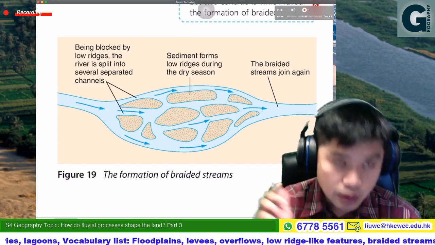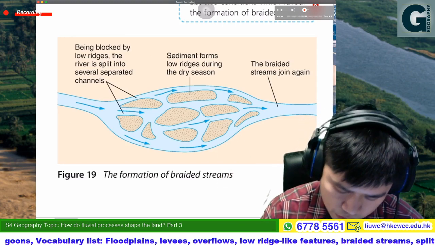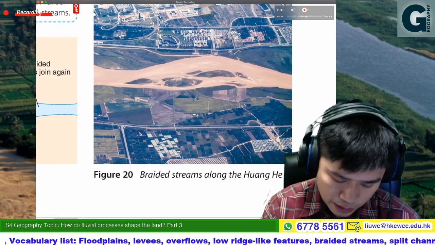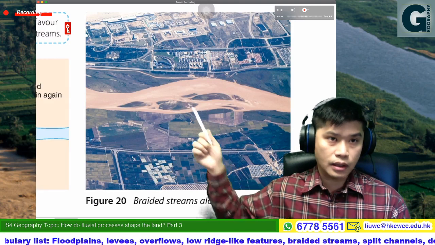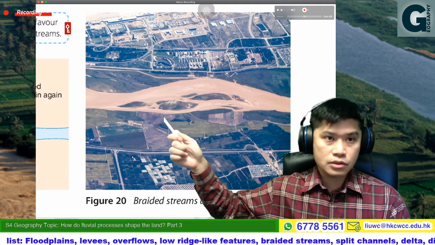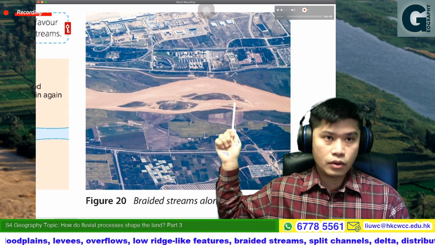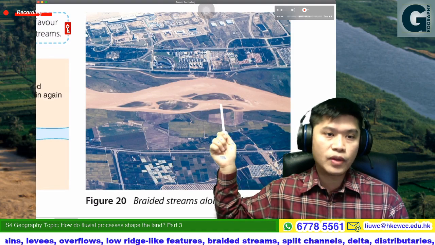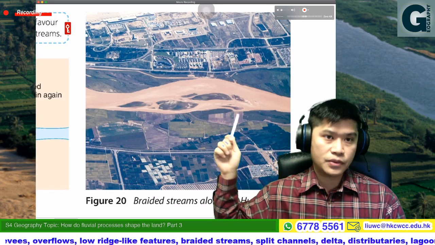For example, if this is the formation, the figure shows the braided stream. Like in Wang He, there should be a real picture of a braided stream. You can see in the middle of the river, all this place is what we just called the ridge, formed by deposition.